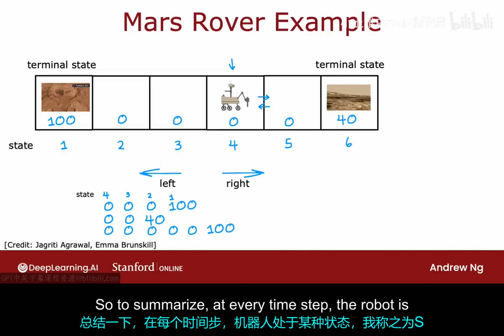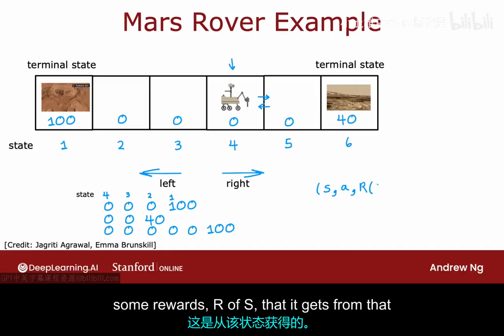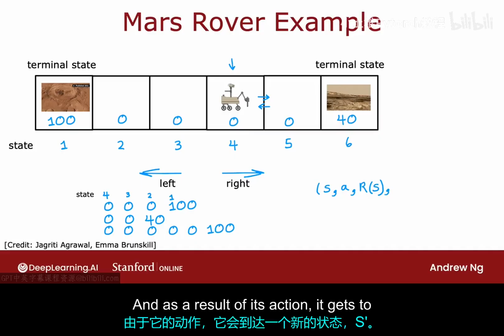So to summarize, at every time step, the robot is in some state, which I'm going to call S, and it gets to choose an action, and it also enjoys some reward R of S that it gets from that state. And as a result of this action, it gets to some new state, S prime.